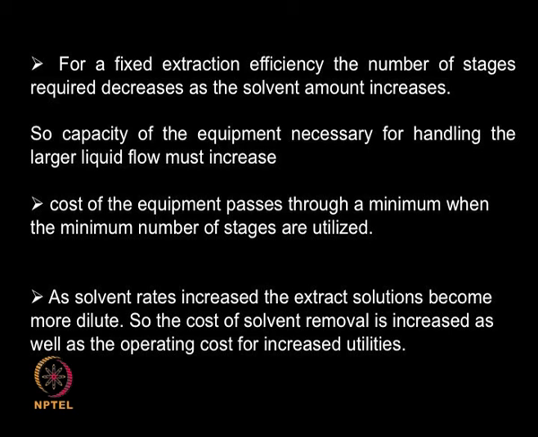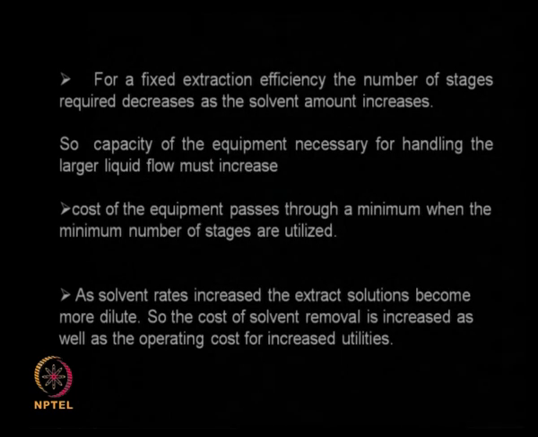So, I can balance the number of stages, size of each stage and the solvent amount for the same efficiency of extraction, but all of them will have a different cost angle. So, I need to look at different scenarios and find out what the cost of each of these scenarios is, and then make a decision for a fixed extraction efficiency. So, it is not so simple.